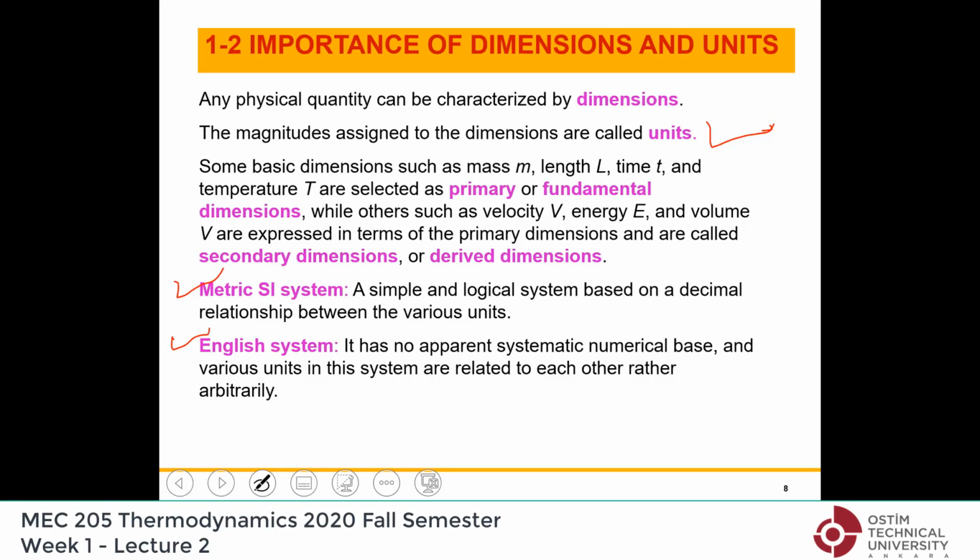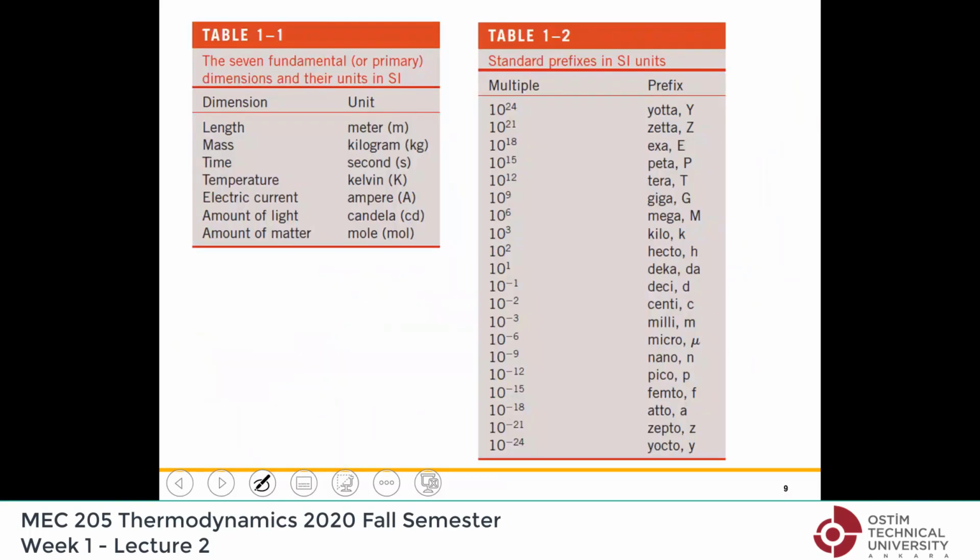Almost the whole world is using SI, except some countries, and United States also included. They are mostly still using the English system there. And the basic dimensions, we have like the length. The unit is a meter, mass, the unit a kilogram, etc. You know those things. And those prefixes in SI, okay, they are also important.